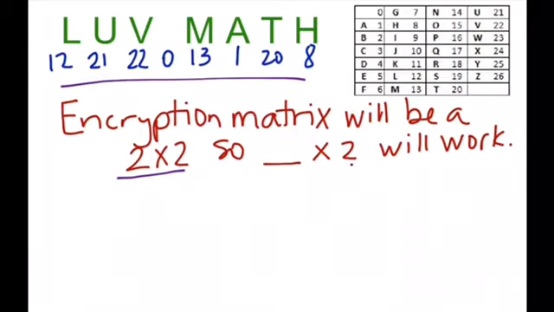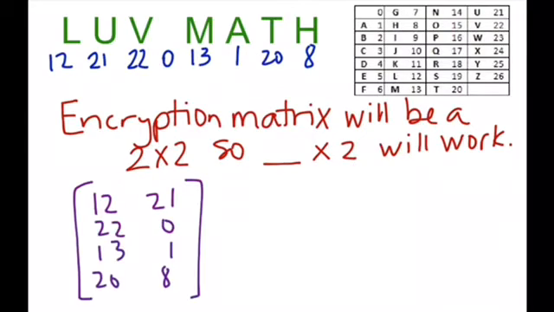We're going to go ahead and use 4 by 2, and it explains on your paper that because we have 8 pieces of data, or 8 spaces right up here, we need to do a 4 by 2. If we only had 6, we could use a 3 by 2. If we had 7, we would have to use a 4 by 2, and we would use a 0 for the empty space at the end. So we're going to put that into the matrix.